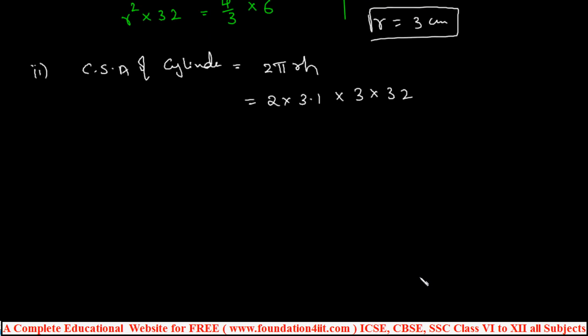We can calculate this and you get the answer. Just multiply: 2 into 3.1 is 6.2, 3 into 32: 3 2s are 6, 3 3s are 9, so 96. 6.2 into 96, you get 595.2 square centimeters. So this is the curved surface area of the cylinder.